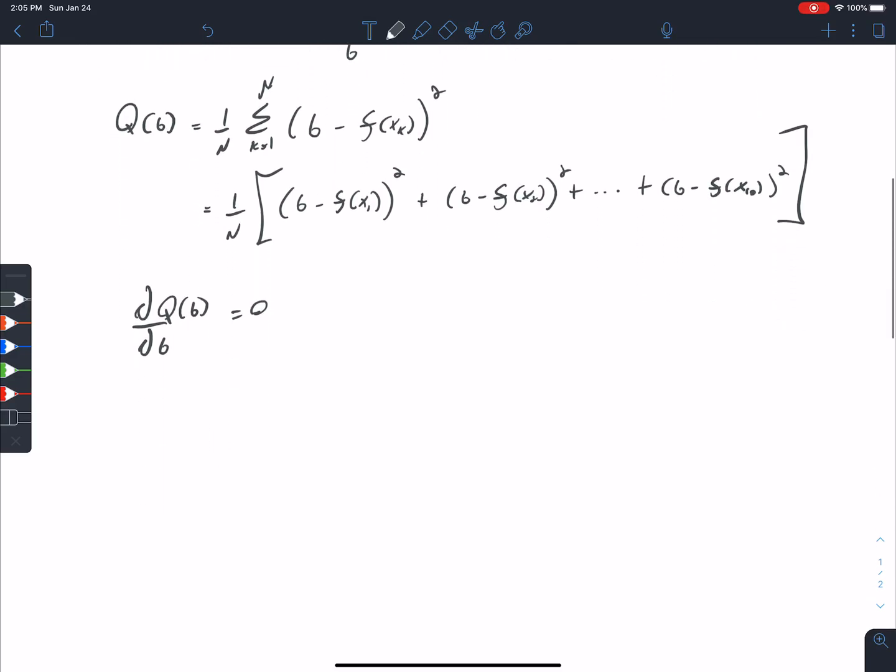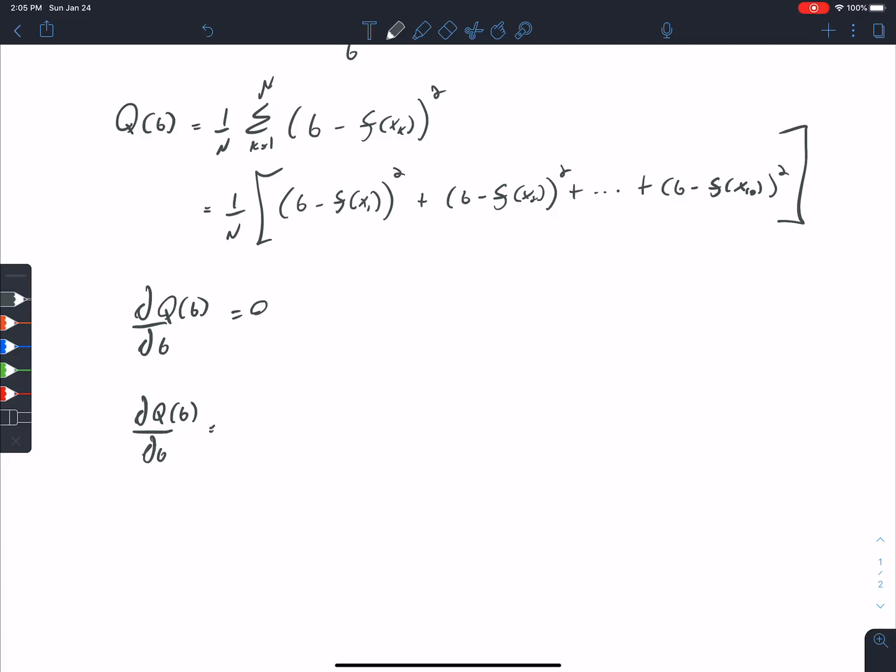So let's do that. Again, we're going to differentiate this function q of b with respect to parameter b. And we can actually take a look at this function because it's going to be easier to do that. So let's compute this derivative of q with respect to b.